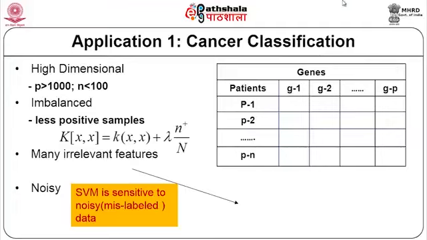It is high dimensional data where the number of patient samples is greater than 1000 and the number of genes is maybe less than 100. You have the imbalance here, that you will have fewer positive samples. That is one problem you have with the application. You cannot say that the number of positive and negative examples will be equal. So, there is a bias.